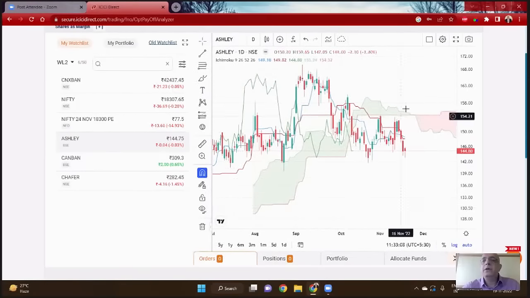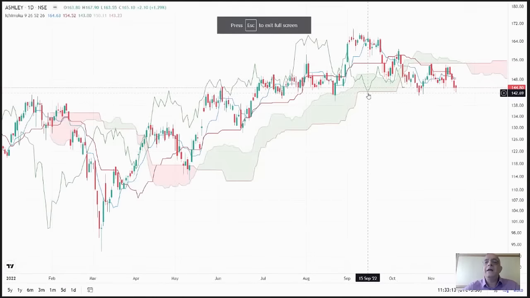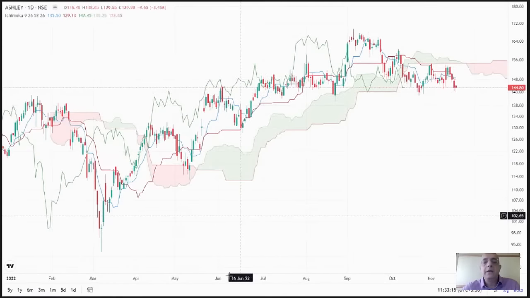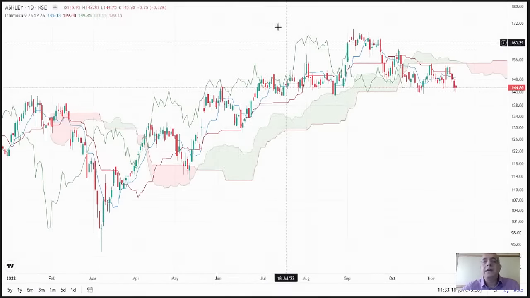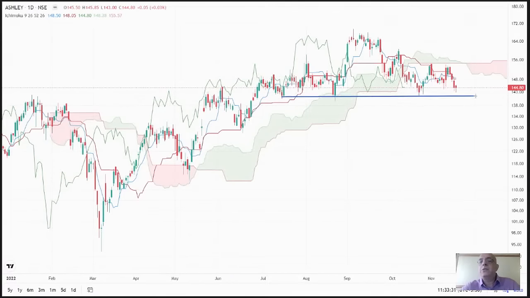Coming to where I see a bit of weakness as a possibility, that is Ashok Leyland. Again, not in the next 4 days, it could happen over the next couple of days, maybe in the December settlement it will show its colors. There is a huge possibility of a bearish head and shoulder structure here. So just draw this: this is the left shoulder, this is the head, this is the possible neckline.